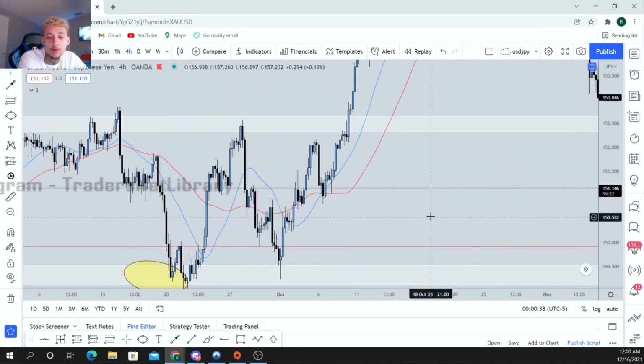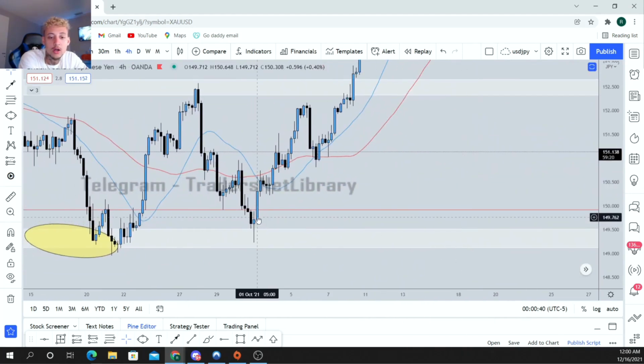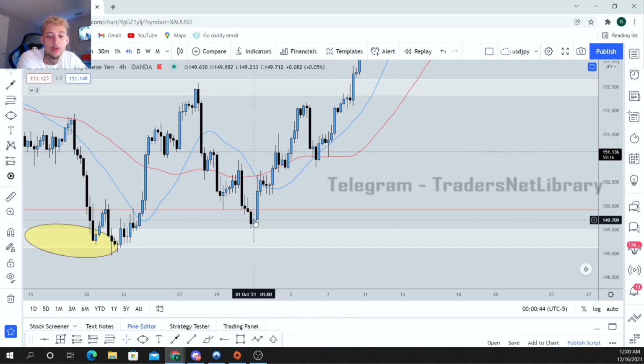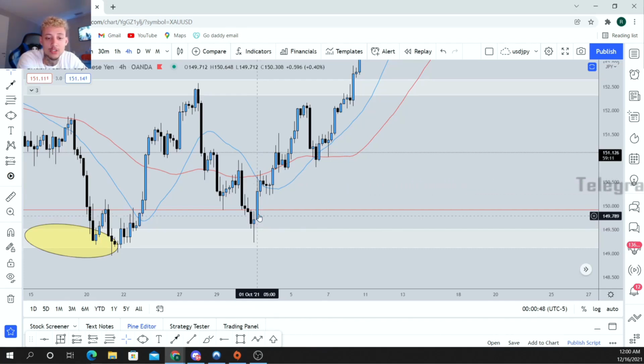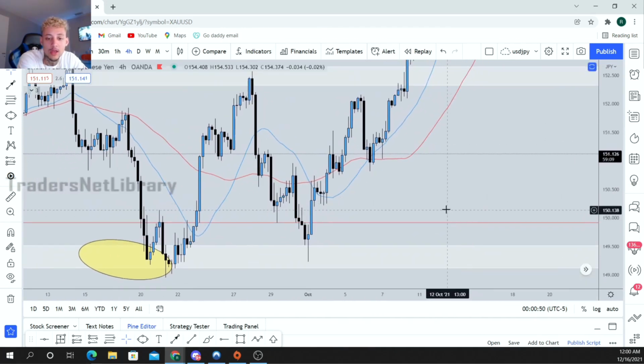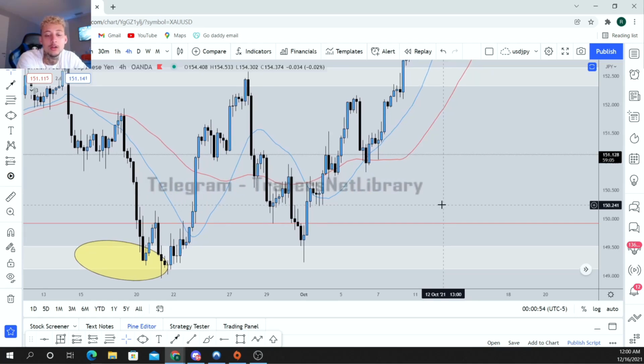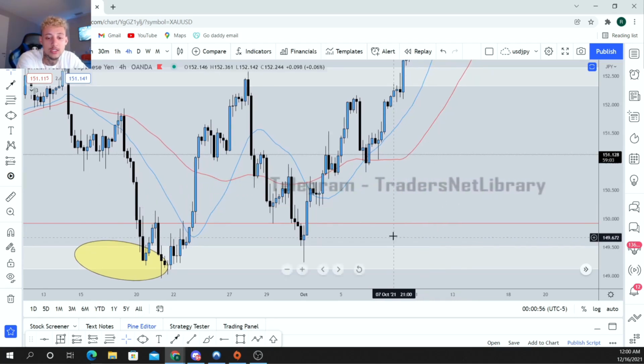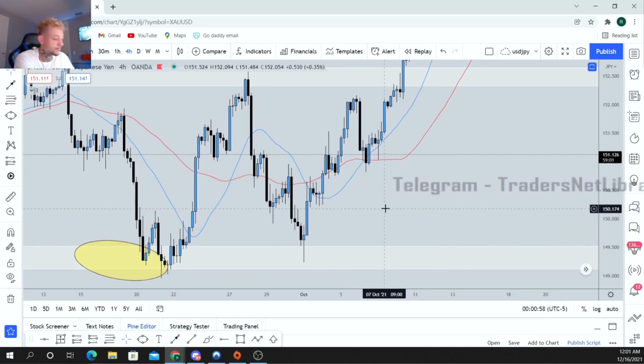So pretty much that bullish engulfing was a combination of these two candlesticks right here. For you to actually take an entry at this point in time would have been a very, very aggressive entry, which I don't necessarily agree with. Now, what we're going to be doing is combining our knowledge of supply and demand and support and resistance, right? So I'm going to get rid of this line here.